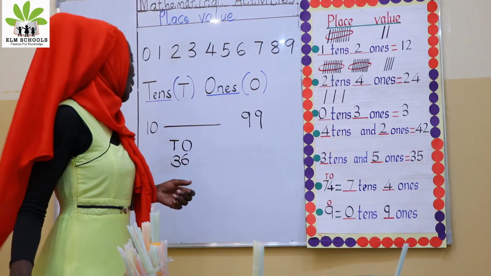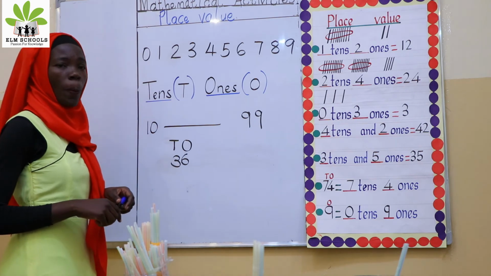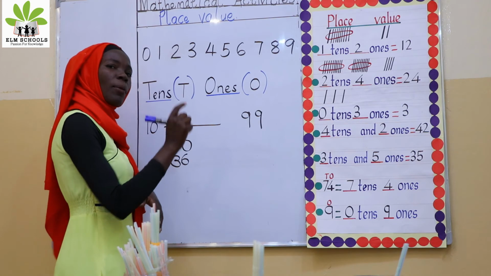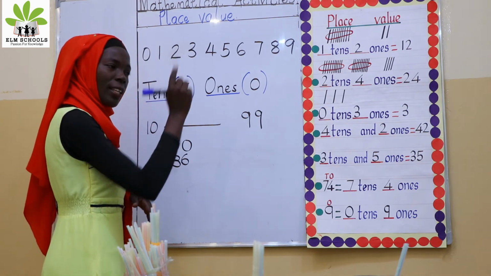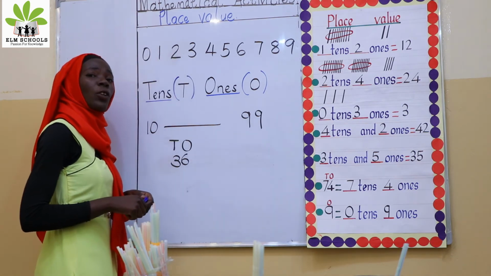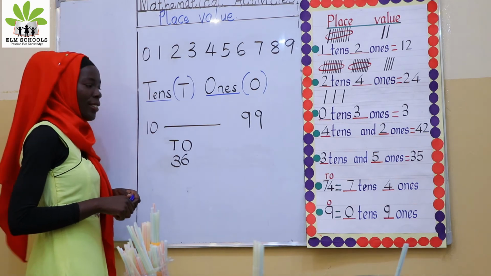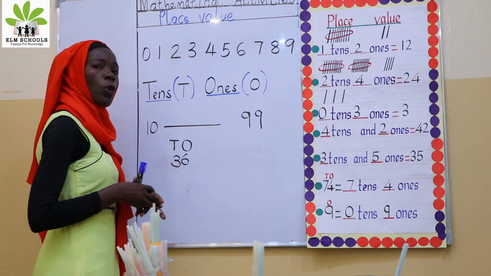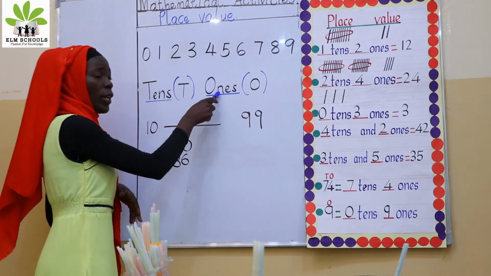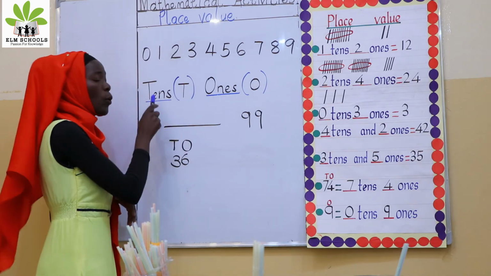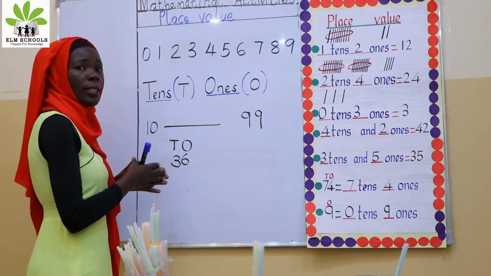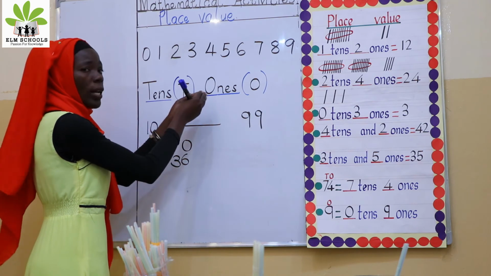Now look here. I have 36. When you're writing the place value of numbers, the first number from the right hand side is always in the place value of ones. And the second number falls in the place value of tens. This is how we write the word ones. And this is how we write the word tens. We are not going to write the whole word ones here.